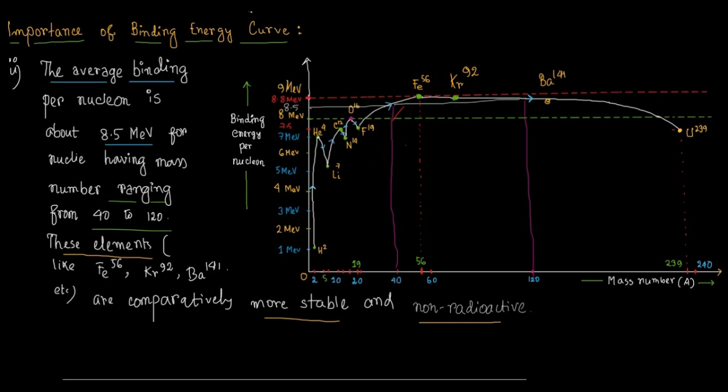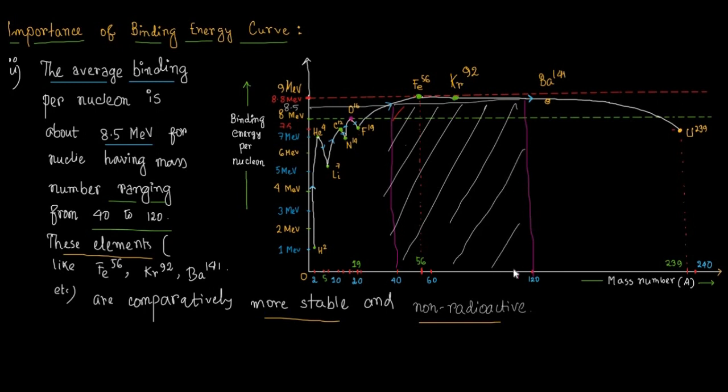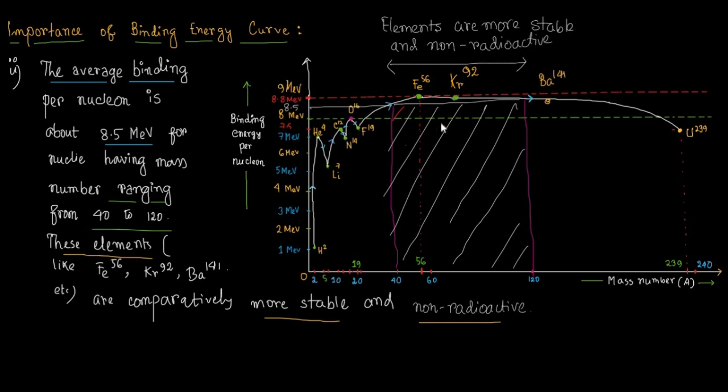In this region, the elements having mass number ranging from about 40 to 120 are more stable and non-radioactive.